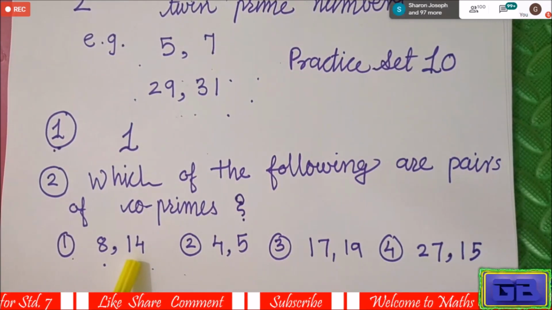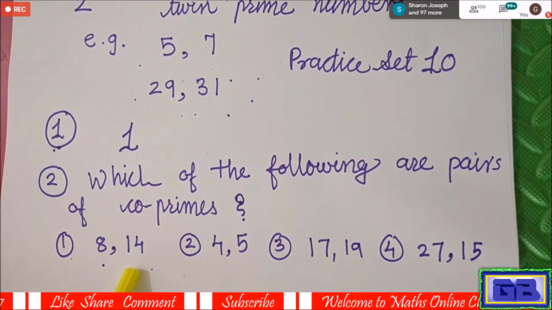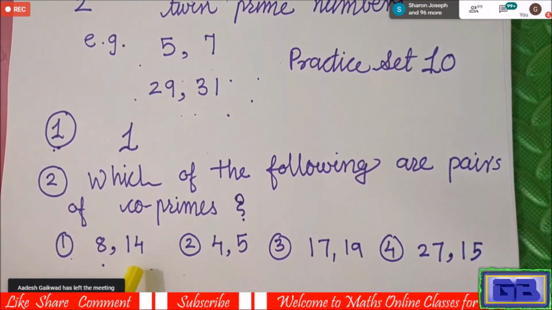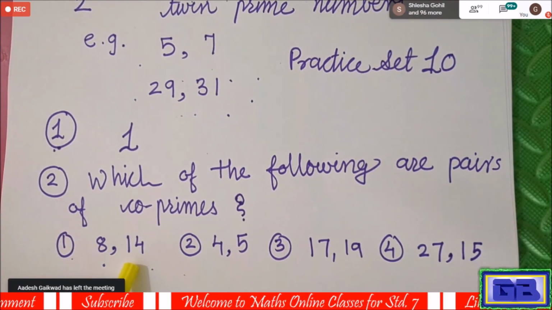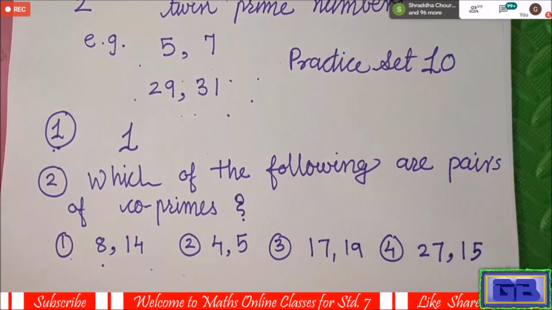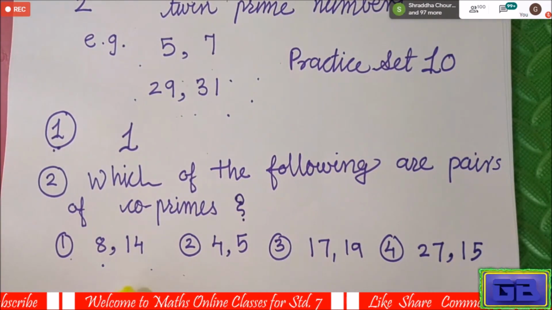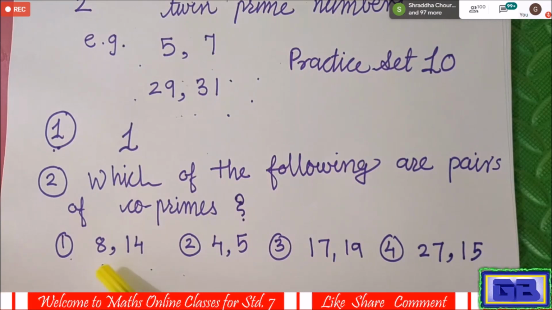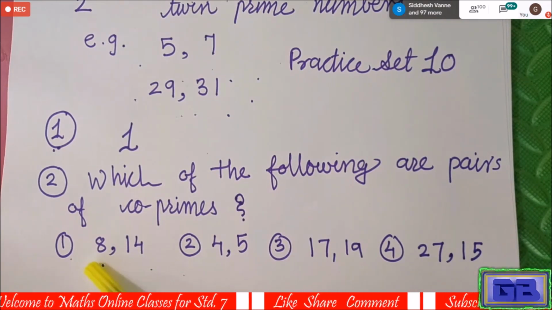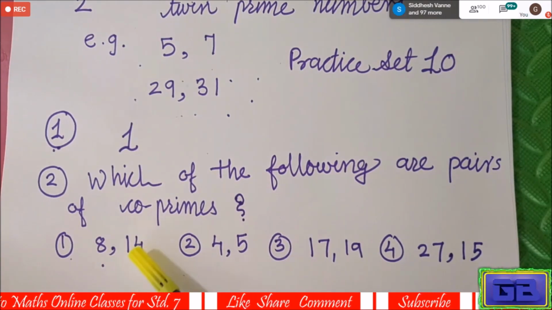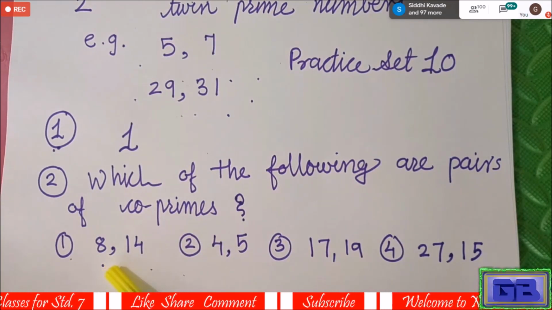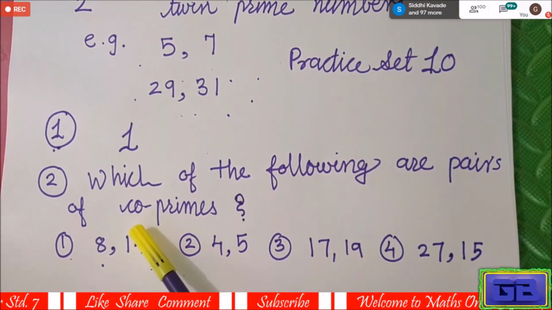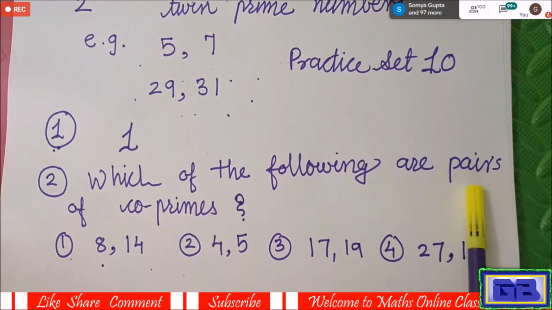Factors of 14: 1, 2, 7 and 14. It means 1 and 2 are the common factors for both. Therefore, this pair is not a coprime pair.